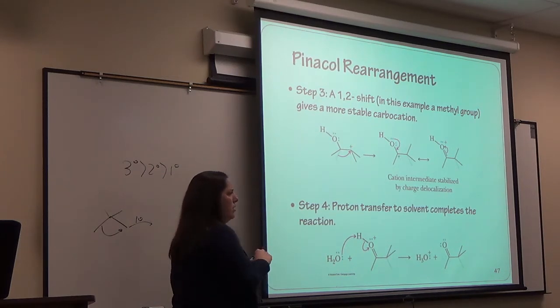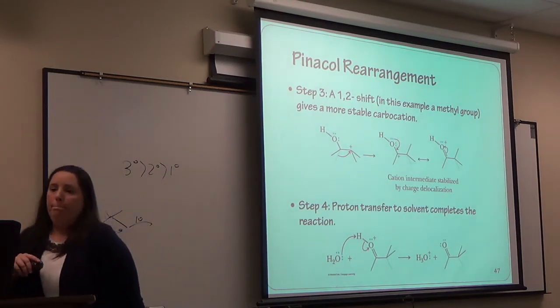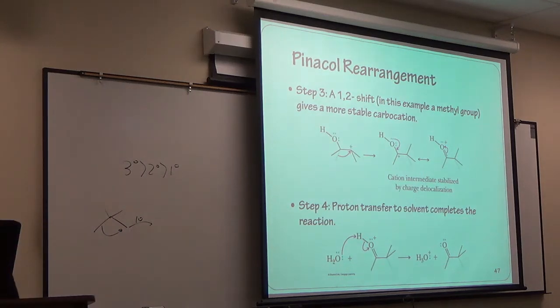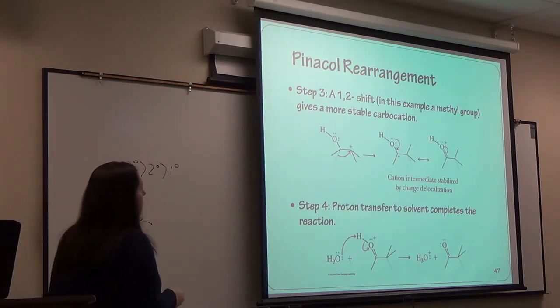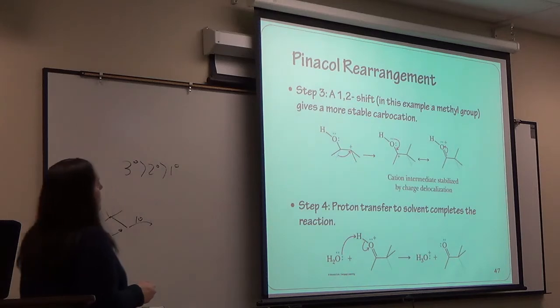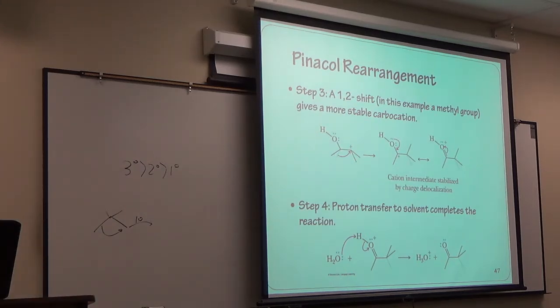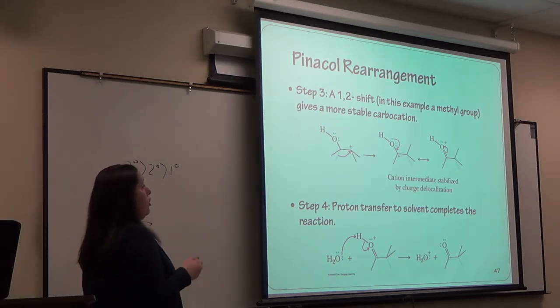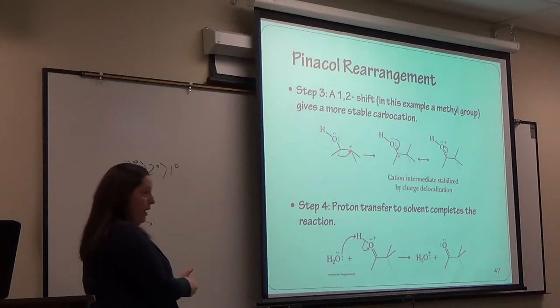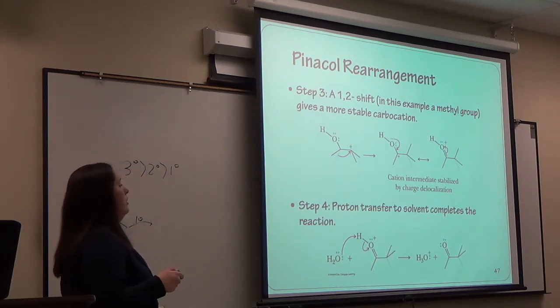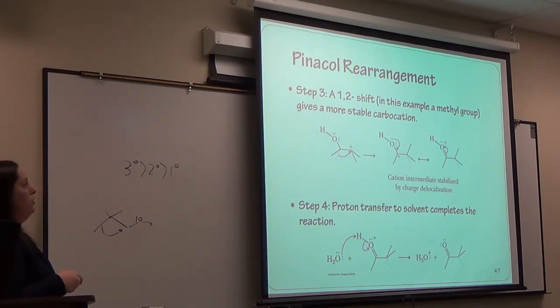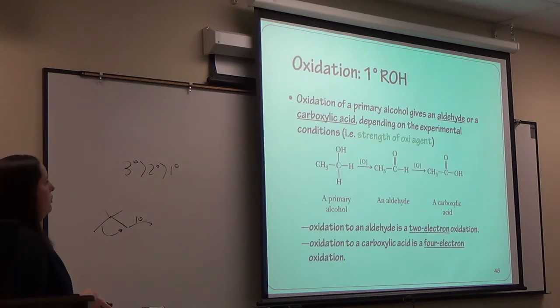Does that make sense? This is the Pinacol rearrangement. So it's an oxidation and also a dehydration, an elimination reaction. And it only happens for the glycol, with this particular reagent. So it doesn't happen for just any alcohol. Keep that in mind. That's a clue there.